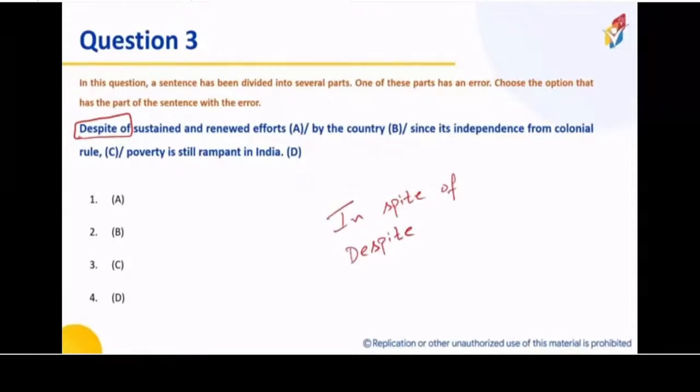Despite sustained and renewed efforts by the country since its independence from colonial rule, poverty is still rampant in India. Despite of is erroneous usage. You either say despite or in spite of. So there's no despite of, right? Clearly, it is option one.